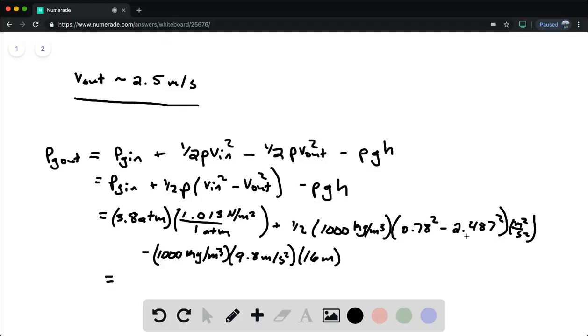And a kilogram per meter times meters per second squared over meter squared, that's a newton per meter squared, because a kilogram meter per second squared, mass times acceleration, is a newton. And you should get about 2.25 times 10 to the 5 newtons per meter squared, which is a Pascal. And we can convert that then to atmospheres if we want.